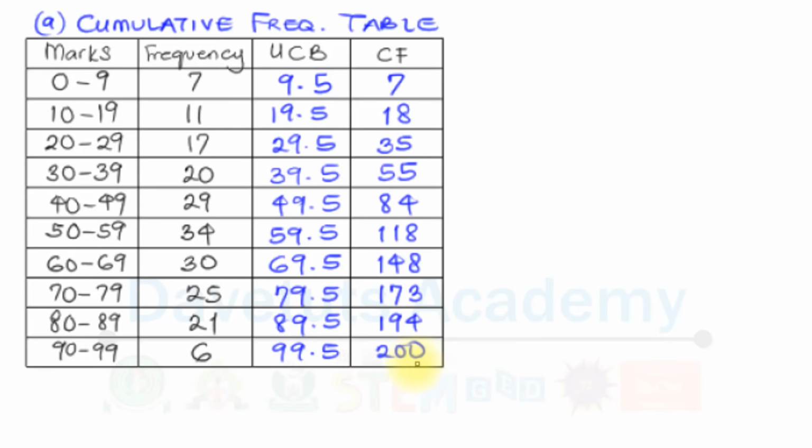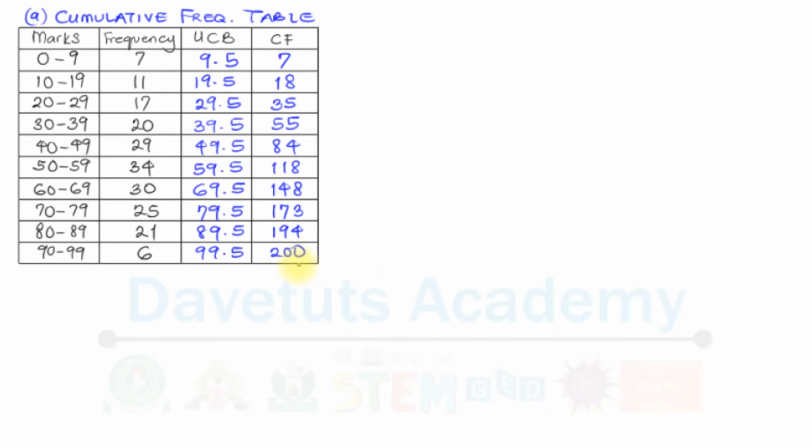So, now that we got the final cumulative frequency to be 200, you need to check so that you don't make mistakes. To check, you add by the use of the calculator each of these entries of frequencies together, and you have to ensure that the sum you get here and this final cumulative frequency you get are going to be the same.